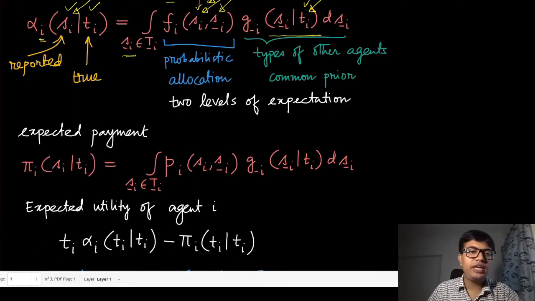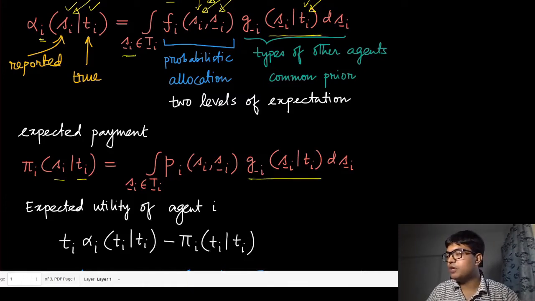Similarly, we can define the expected payment for player I. Again, S_I is the reported type and T_I is the true type. As before, we are going to take the expectation with respect to this posterior distribution. You can call this a posterior, given its own type. It is generating the belief over the types of the other agents, taking the expectation with respect to the actual payment given by the mechanism.